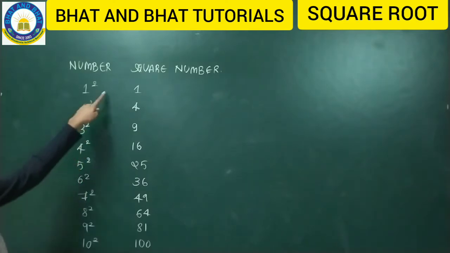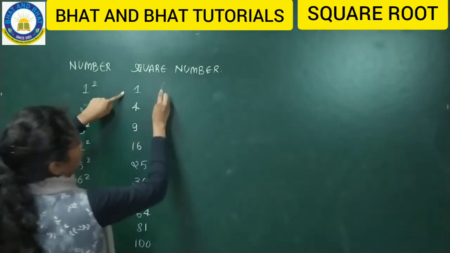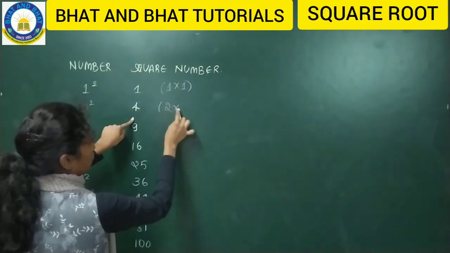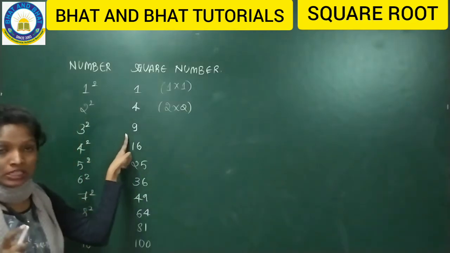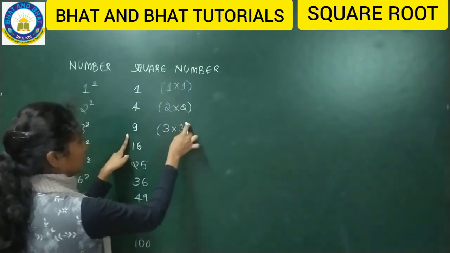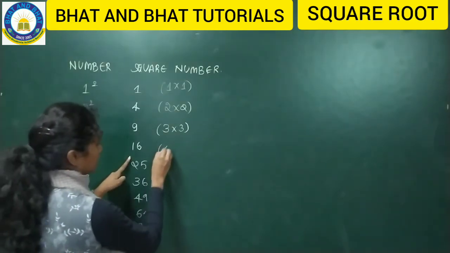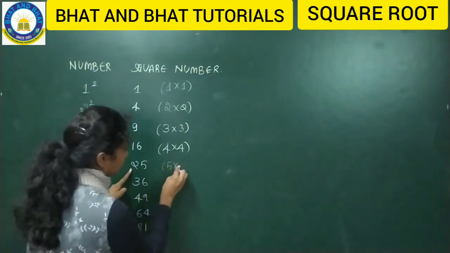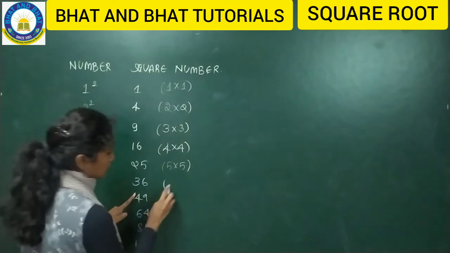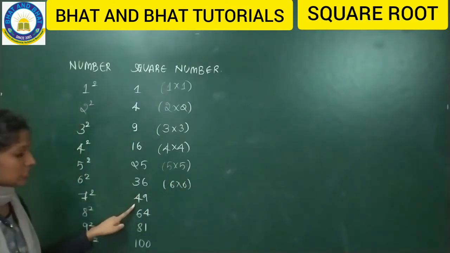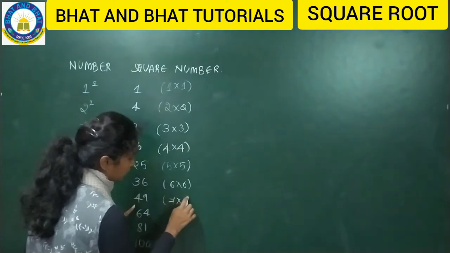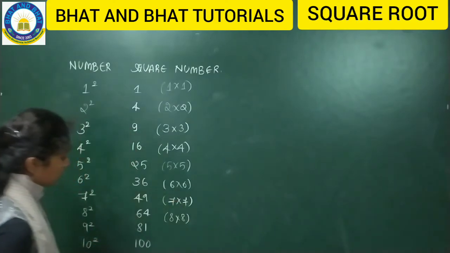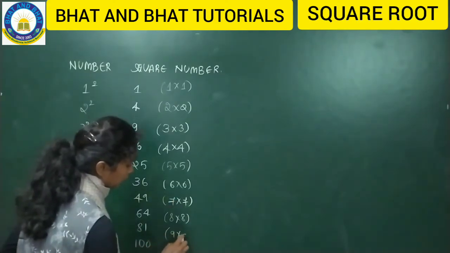You can see here 1 square is 1, that means 1 into 1. 2 square is 4, that is 2 into 2. 3 square is 9, that is 3 into 3. 4 square is 16, that is 4 into 4. 5 square is 25, that is 5 into 5. 6 square is 36, that is 6 into 6. 7 square is 49, that is 7 into 7. 8 square is 64, that is 8 into 8. 9 square is 81, that is 9 into 9.